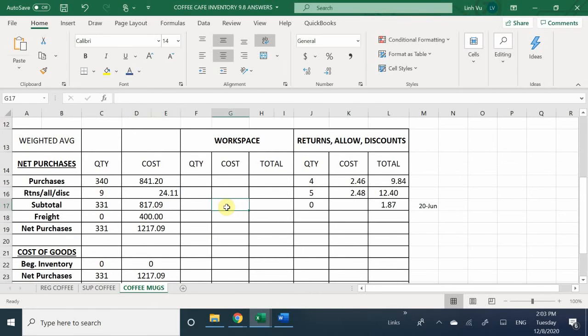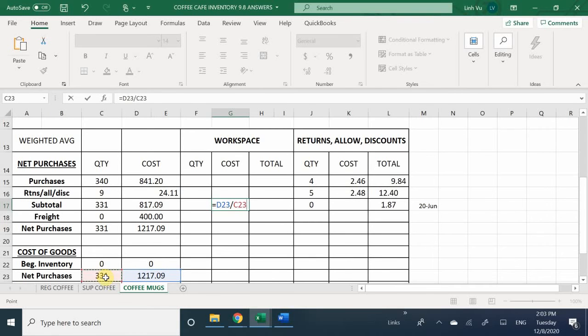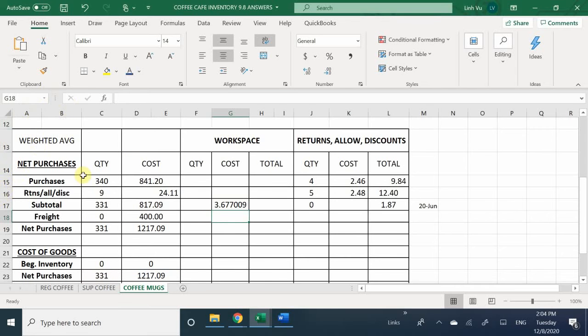Let's see here. Where's my calculator? $3.6770.